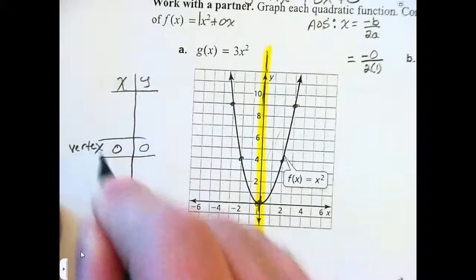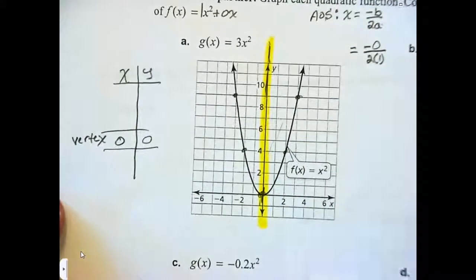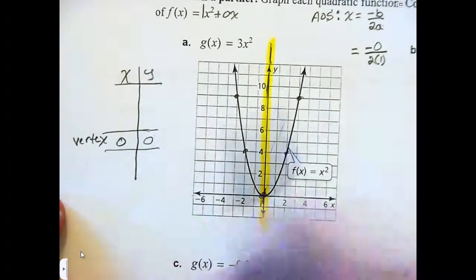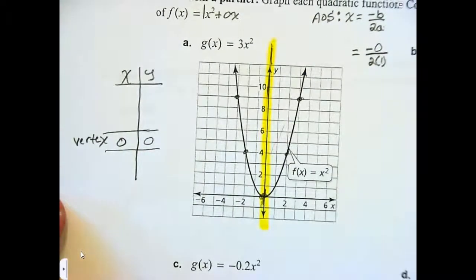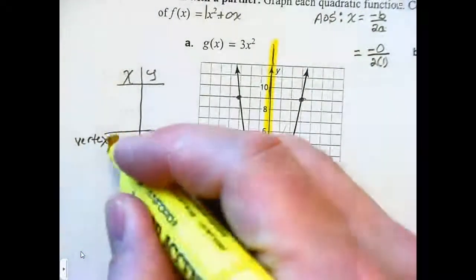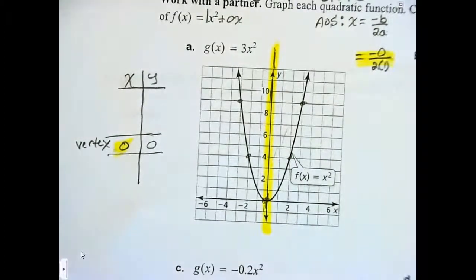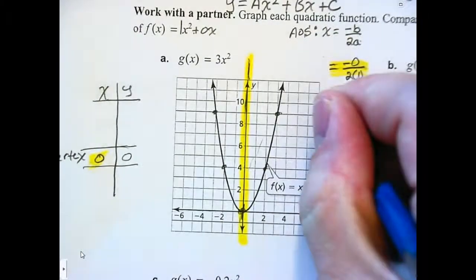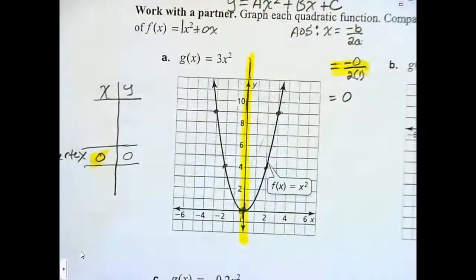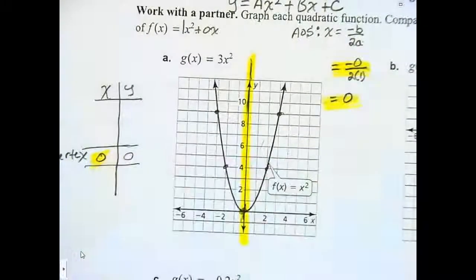These are all terms we want to get down: that's our vertex, that's our axis of symmetry. The x-coordinate of your vertex and the axis of symmetry are always the same.